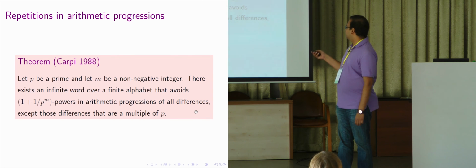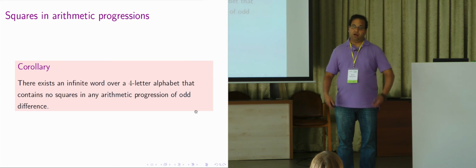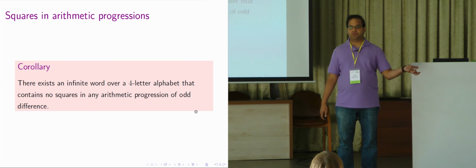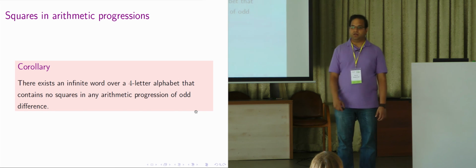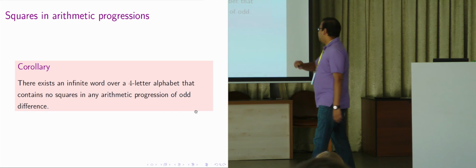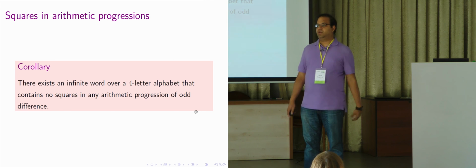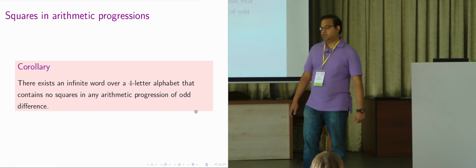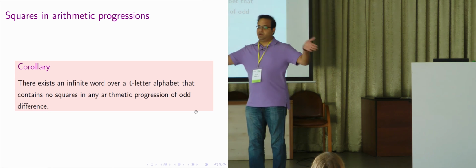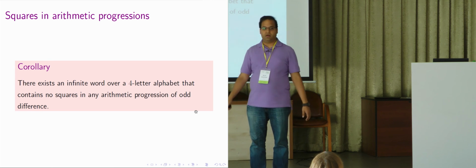So if you choose m equals 0 and p equals 2, you avoid squares in all arithmetic progressions of odd difference, and if you choose some arbitrary p, then you will avoid squares in all arithmetic progressions except those with difference a multiple of p. And that's correct. But for larger p, the alphabet size you will need will be bigger, right? For p equals 2, you get a 4-letter alphabet.